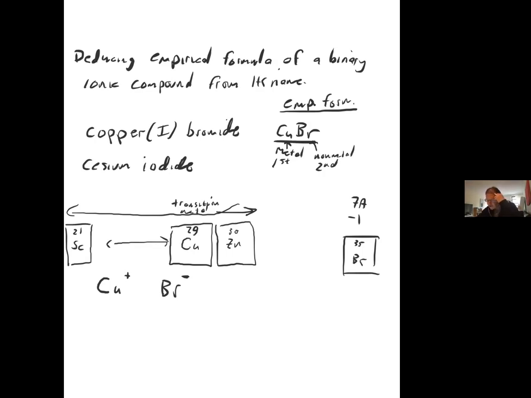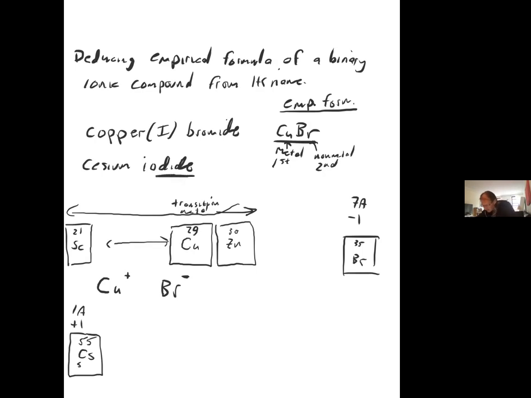Now, what about cesium iodide? Cesium. Okay, well, where's cesium? Cesium is actually in group 1A. Okay, it's element number, I think it's element number 55. Barium is 56, so it's 55. Okay, group 1A plus 1. Okay, iodide.